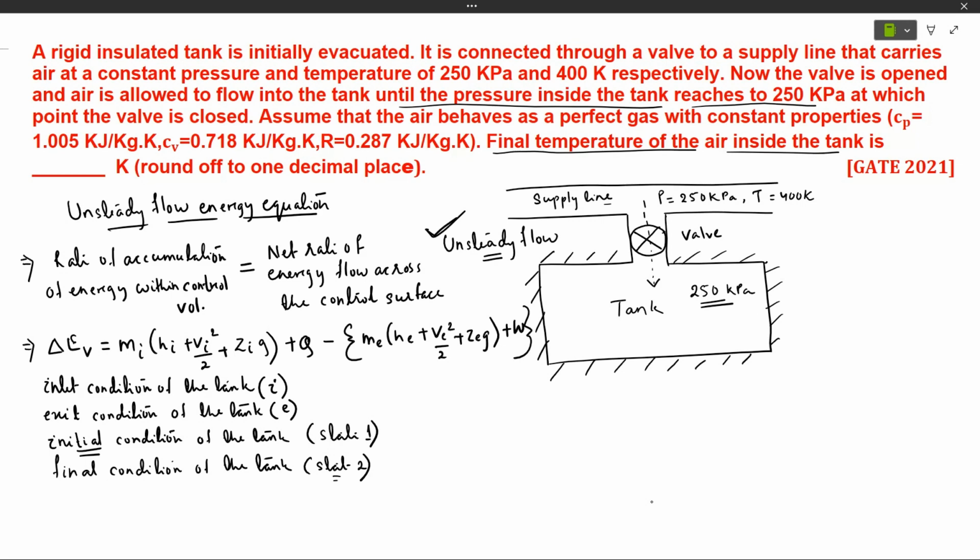So let us consider that initially the mass present within the tank is M1, and let's consider M2 as the mass after filling the tank.